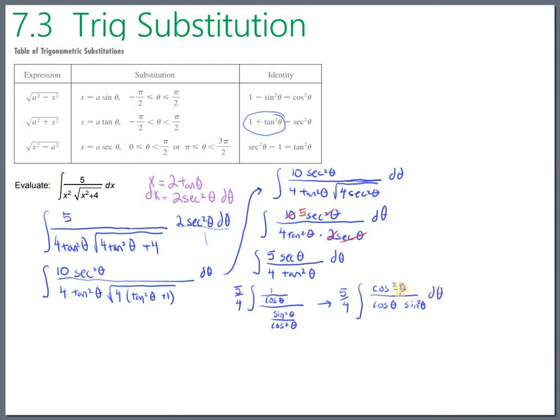We're starting to get there. The cosines on the top cancel one of the cosines on the bottom. So we are at 5/4 integral cosine theta over sine squared theta d theta.